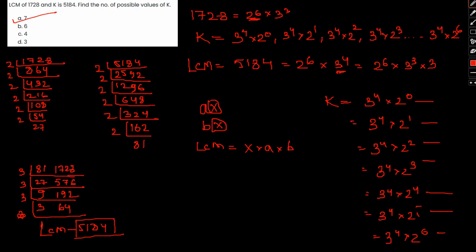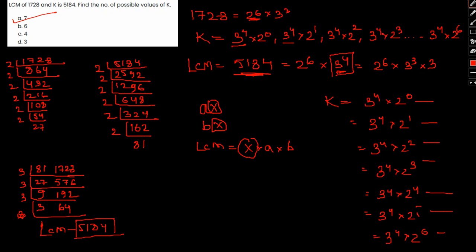Here the common part x is simply 3 to the power 4, and the variance we see is in the power of 2. So it's always good to take the LCM, split it into prime factors, find the LCM with one of the numbers, and see if we are getting the desired LCM or not.